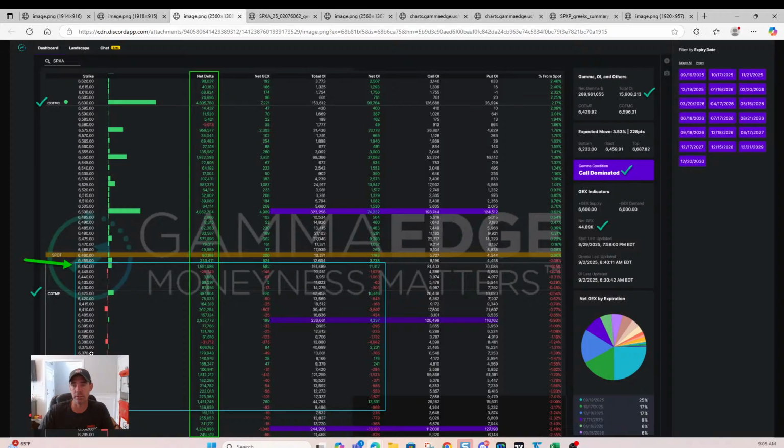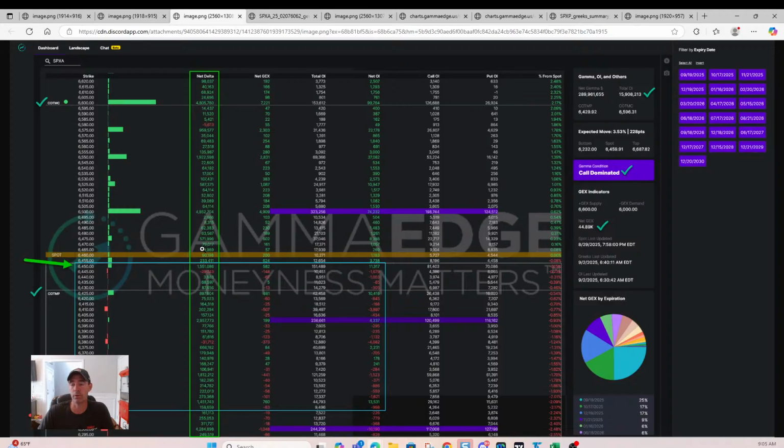And 6,400 to the downside is where we'll be obviously close to that when we open, probably slightly below it. So we'll see if this structure erodes after today's price action as well as this week's price action, or do larger market participants stay entrenched with the call dominated structure.